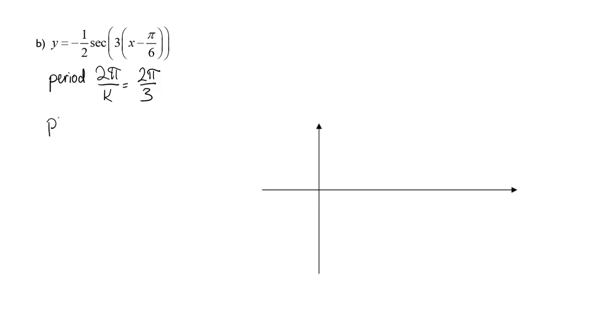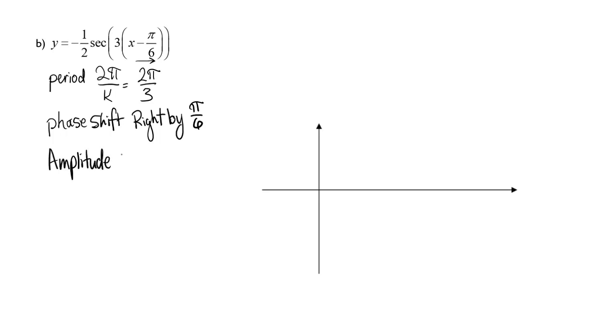We need our phase shift, which in this case is how far it's been either added or subtracted from x. So since it's subtracting pi over 6 from x, we shift it to the right by pi over 6. And our amplitude is the absolute value of a equals 1/2.